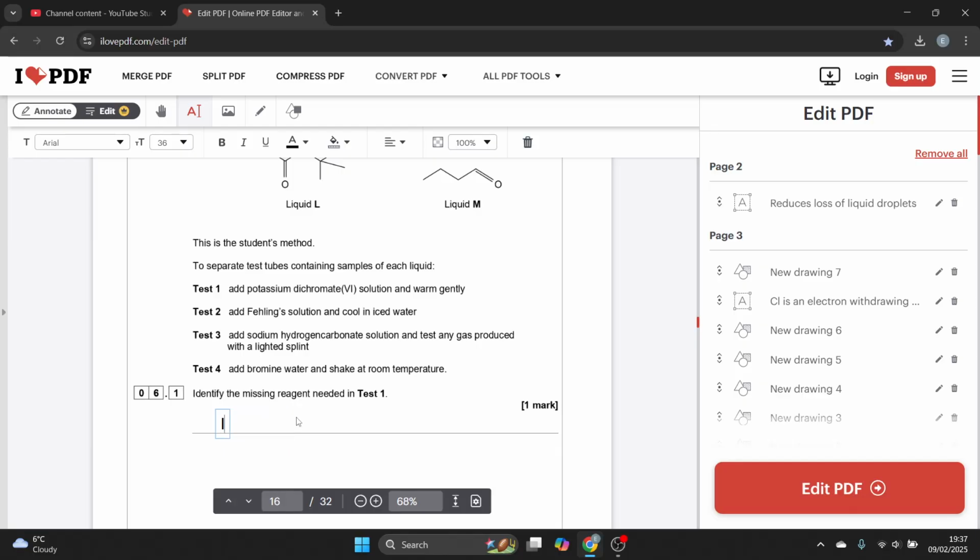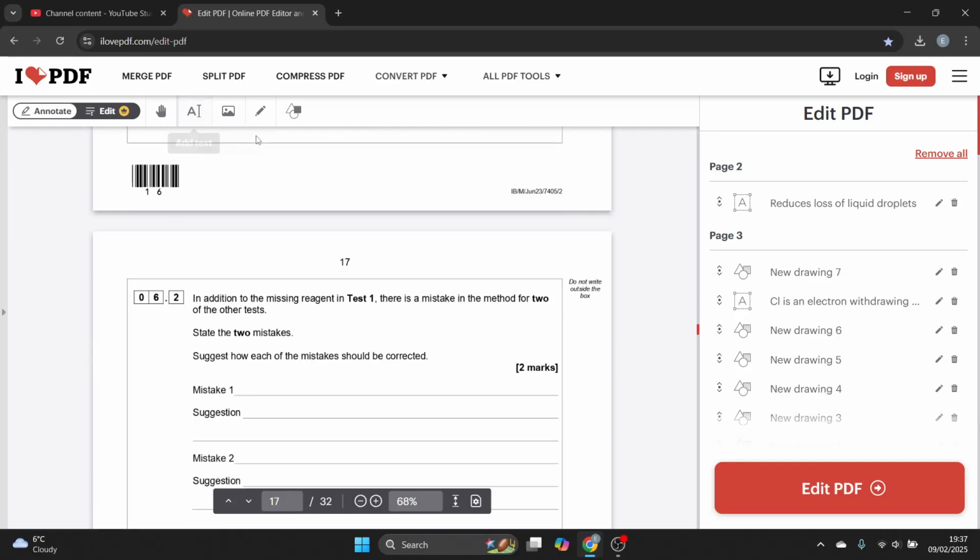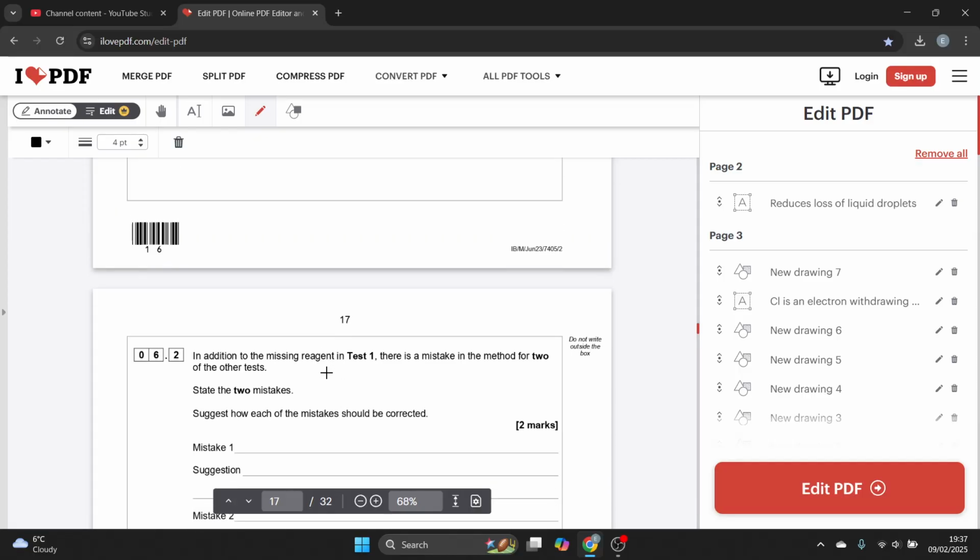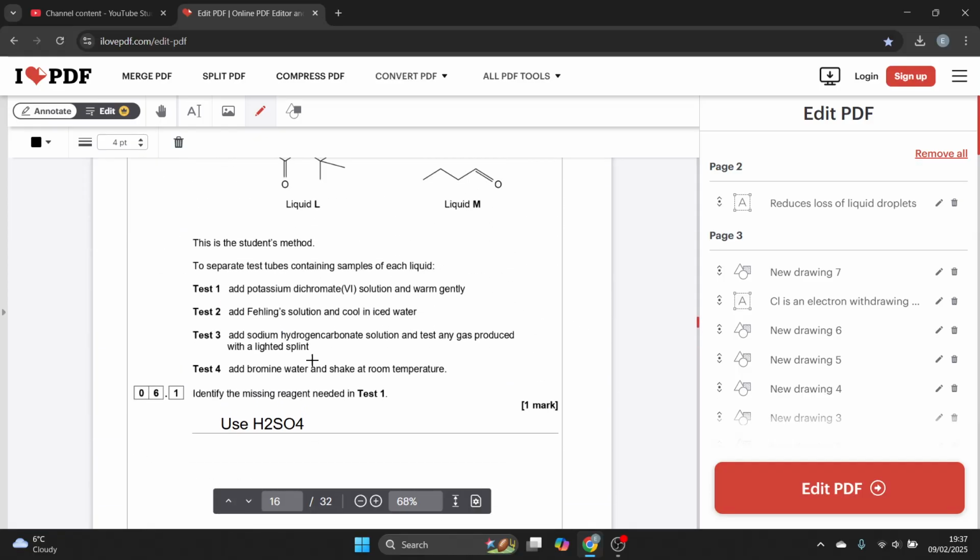H2SO4, sulfuric acid. In addition to the missing reagent in test 1, there's a mistake in the method for 2 of the other tests. State the 2 mistakes and suggest how each should be corrected.